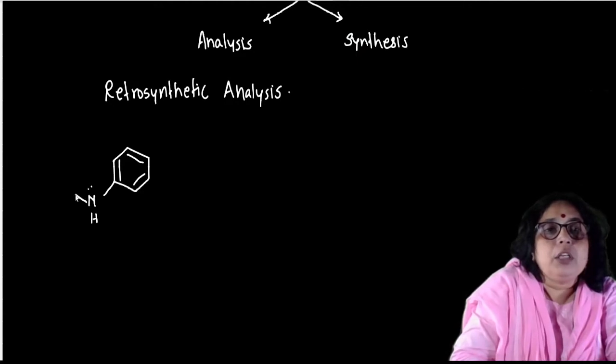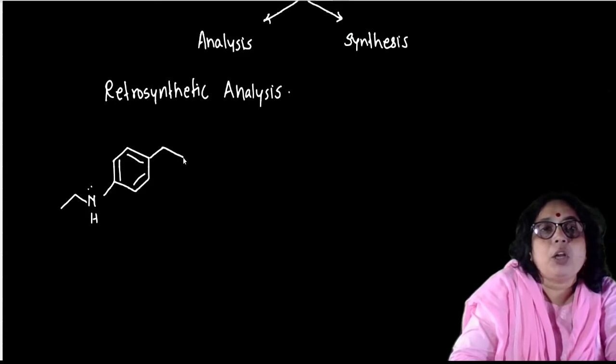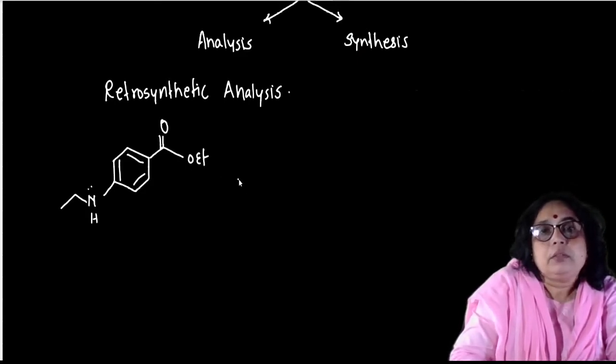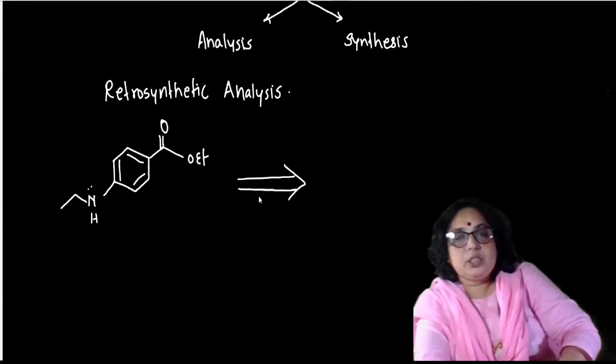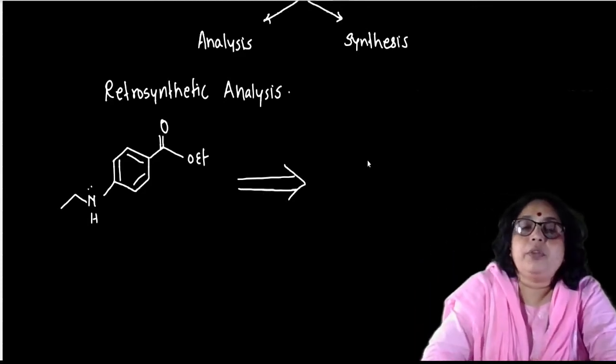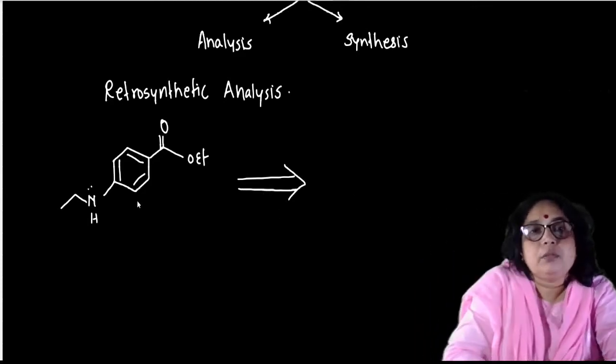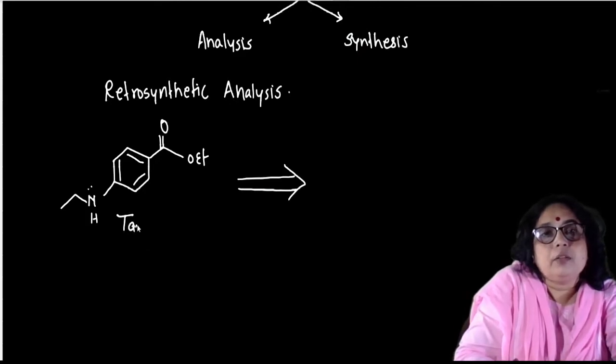Find out what the functional groups present in the molecule are. All right. So let us carry out the reverse process and find out the fragments of this molecule. Again, this is my target molecule.